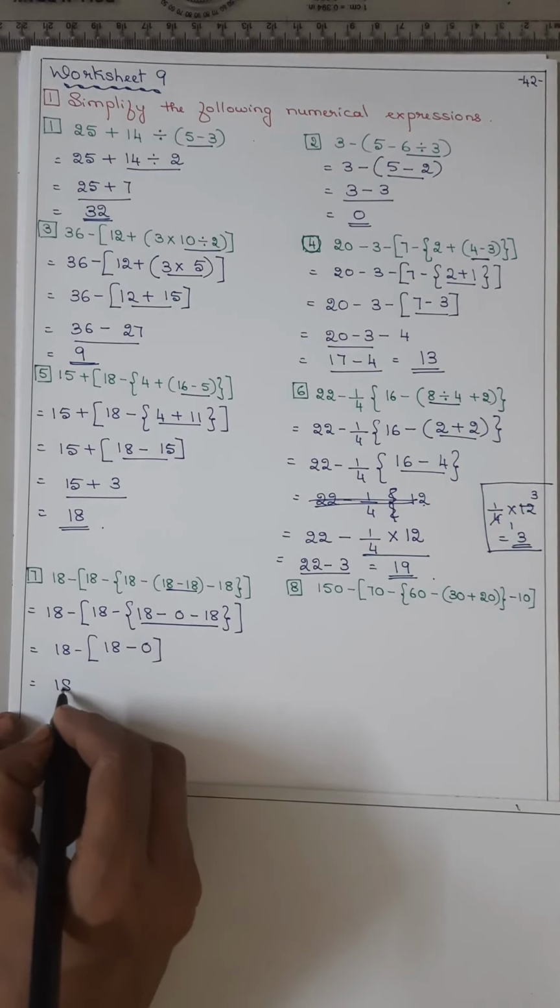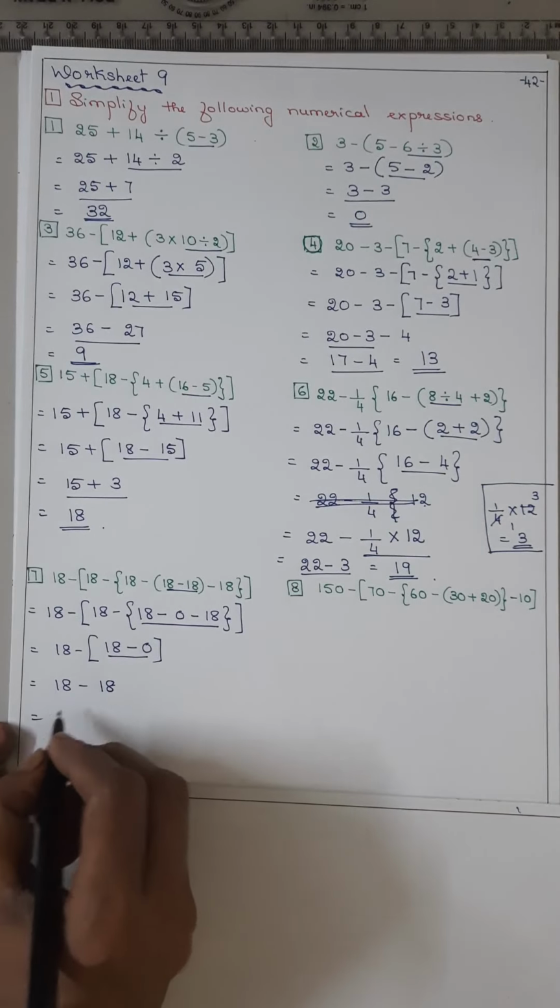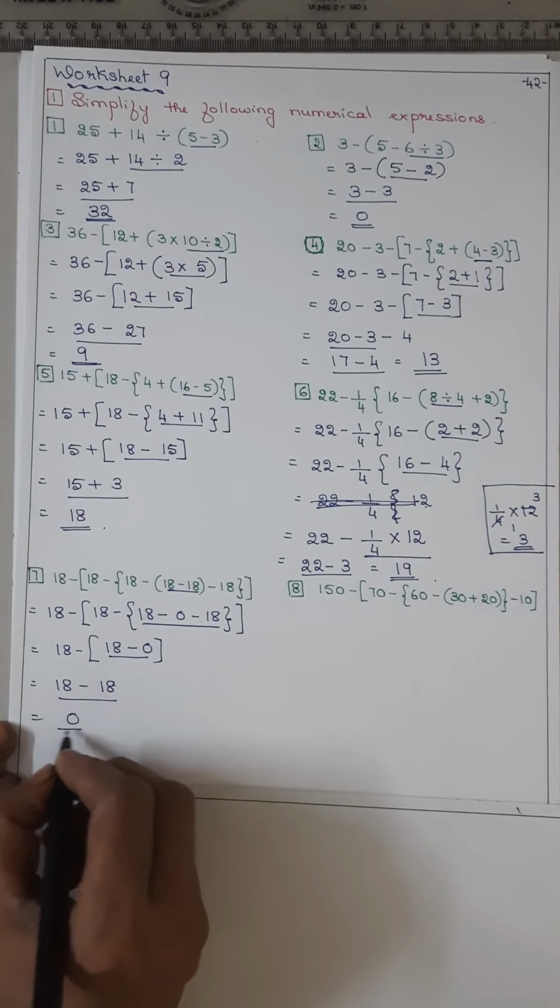Now 18 minus 0 is 18. Now 18 minus 18 is 0.